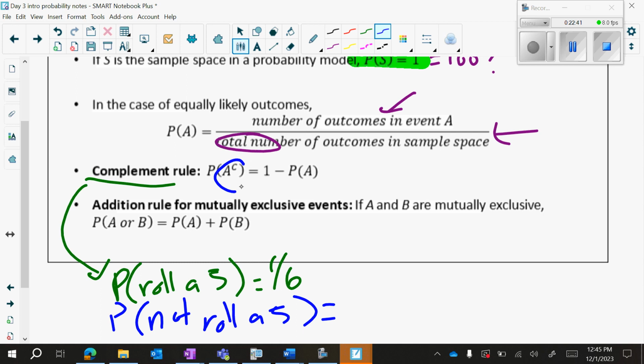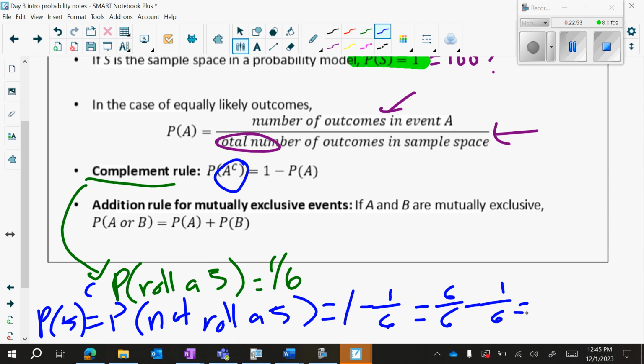So it's actually denoted with this little C here. It means the complement of rolling a 5. So it's just going to be 1 minus 1/6, or 6 out of 6 minus 1 out of 6. And that's 5 out of 6 because the complements have to add up to 6 out of 6. So the probability of rolling a 5 is 1 out of 6. Probability of not rolling 5 is 5 out of 6.